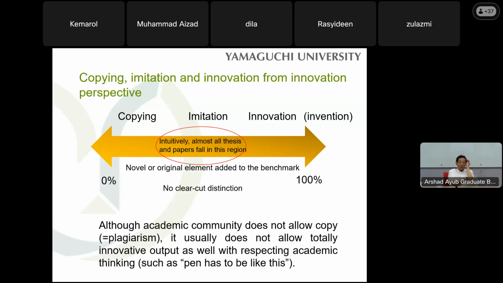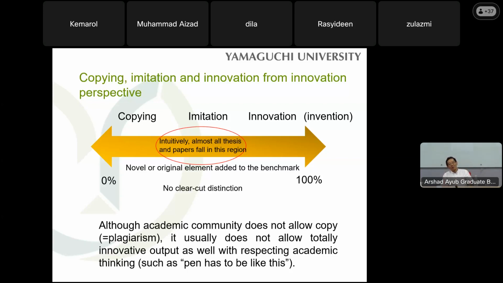But if you say it's an innovation, it means a novel or original element, maybe 30% up to 40% at best. And by definition, invention has to be completely new.